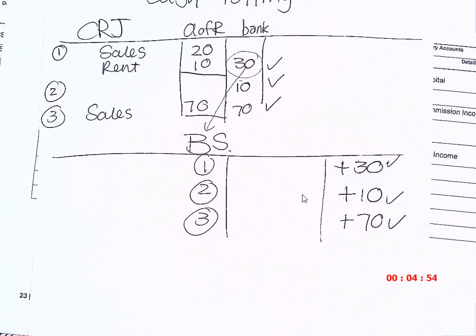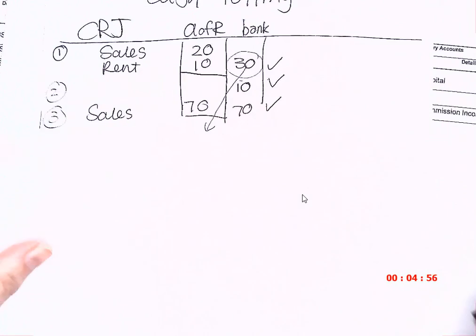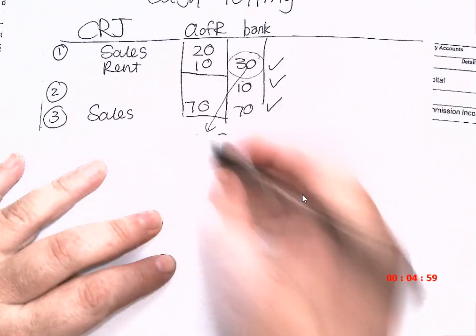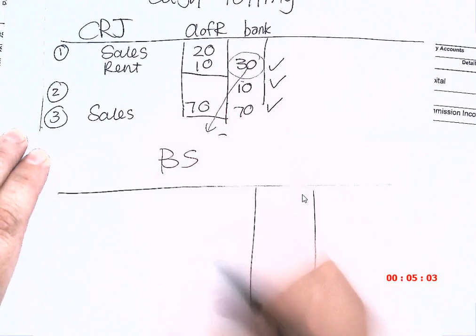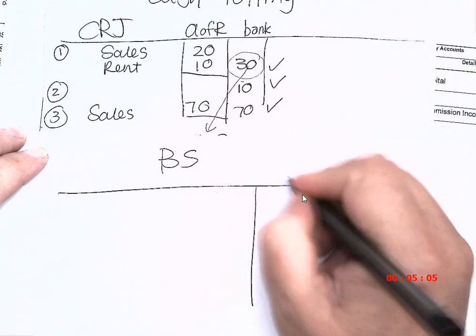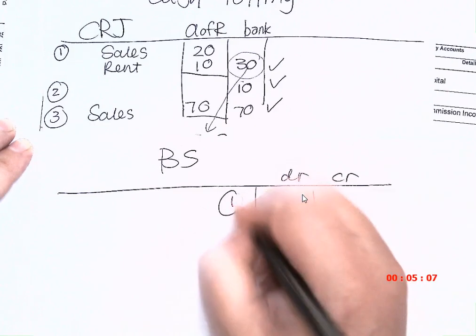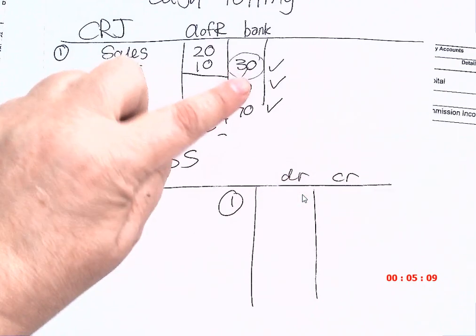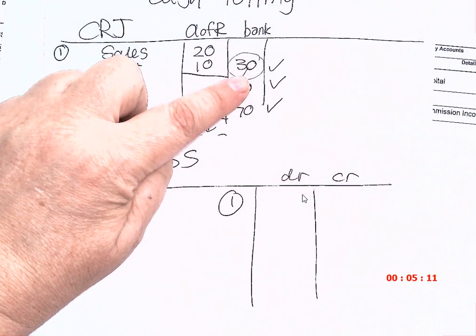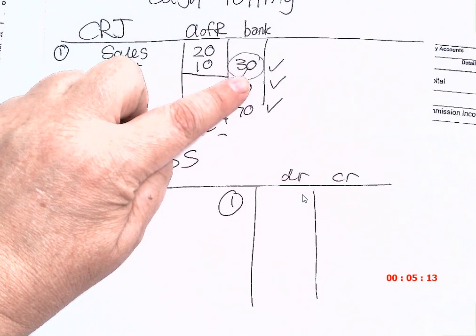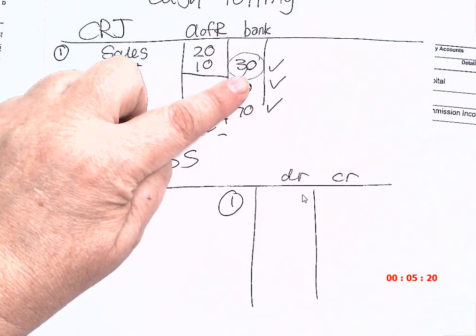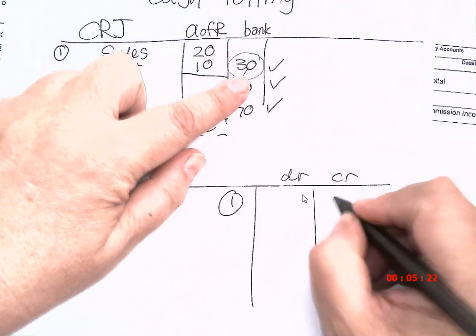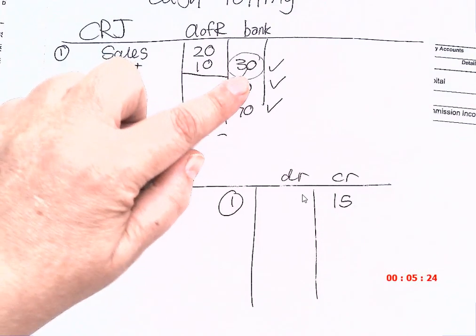Now, let's say we did it like this. Here's my bank statement. On day one, I made 30 Rand, but let's say I took 15 Rand to go buy chocolate, so I only deposit 15 Rand.